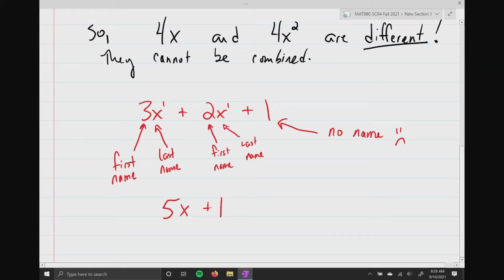And since nothing can combine with the number 1, which has no name, you know you're done. And that literally is how hard it is or how easy it is to combine like terms. All right? All you're doing is looking for terms that have the same identification markers. That's it. So let's do some examples here.